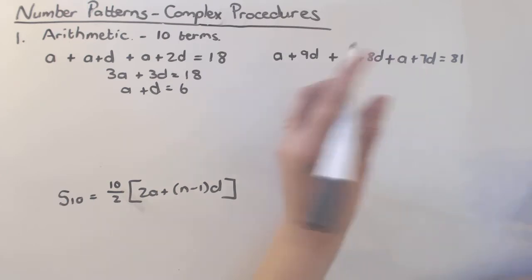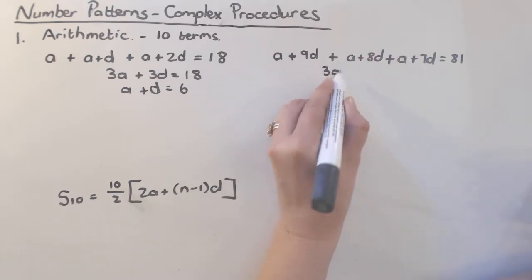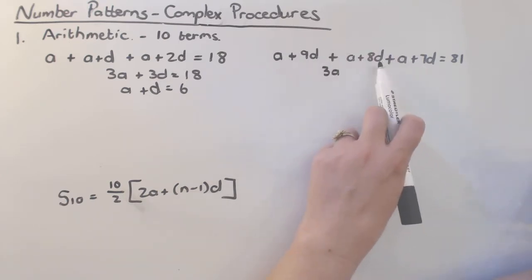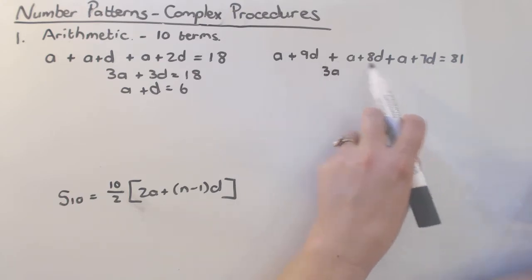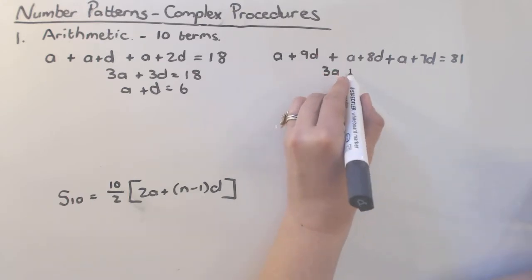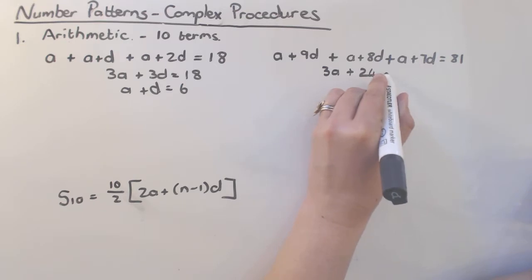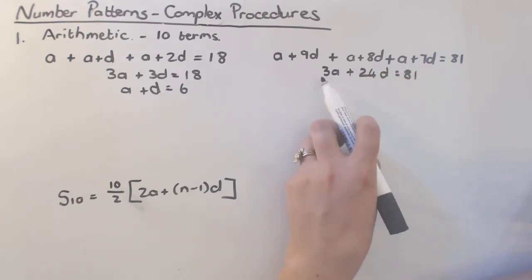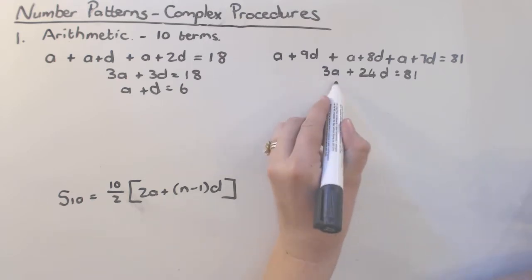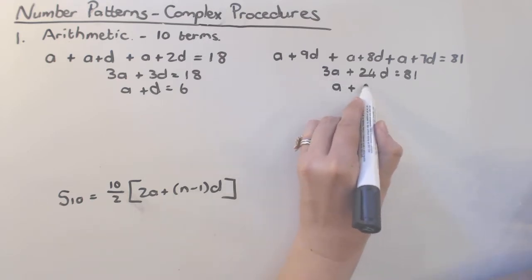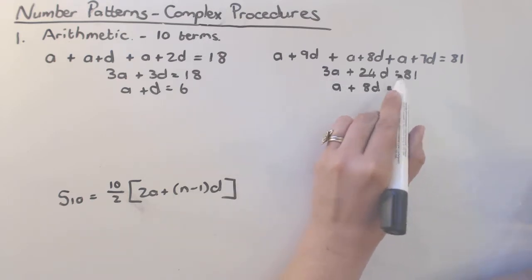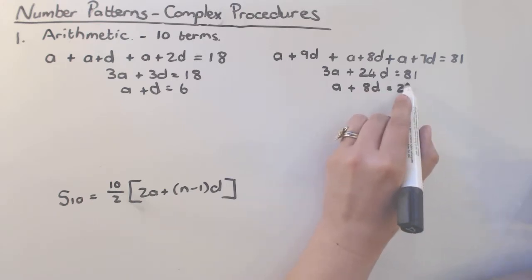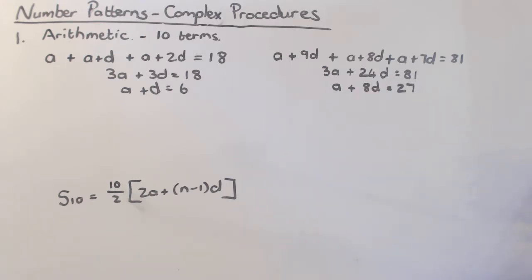There's a plus a plus a, so there are also 3 a's. There's 9d plus 8d plus 7d. This is 24 d's, which should be equal to 81. And then I can also divide all these numbers by 3 just to simplify it a little bit.